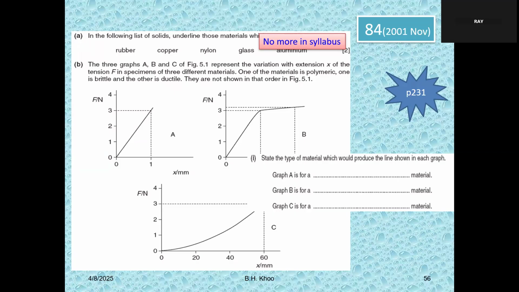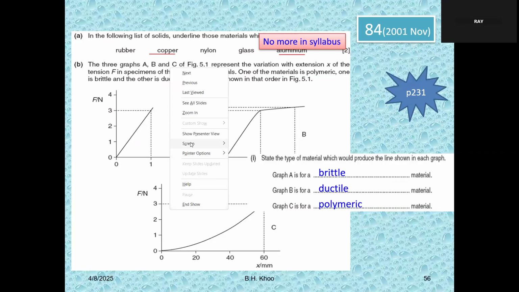It's the type of material. A is brittle, B is ductile, C is polymeric, plastic or rubber. Ductile is steel, copper wire.